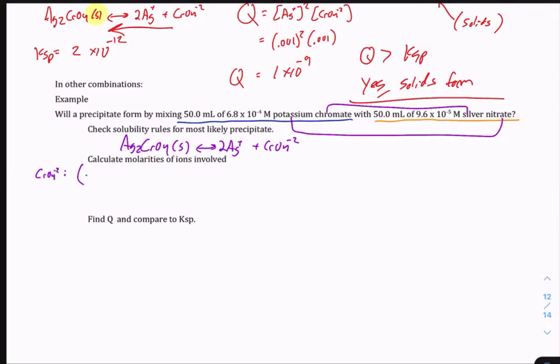Remember how molarity times volume gives you moles? I take the volume in liters and multiply it by the molarity that's given. And this will give me moles.